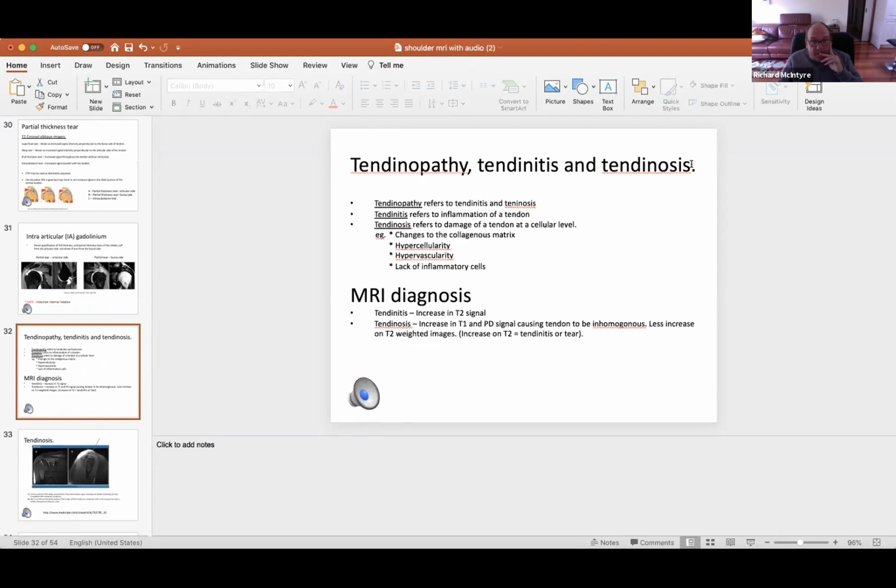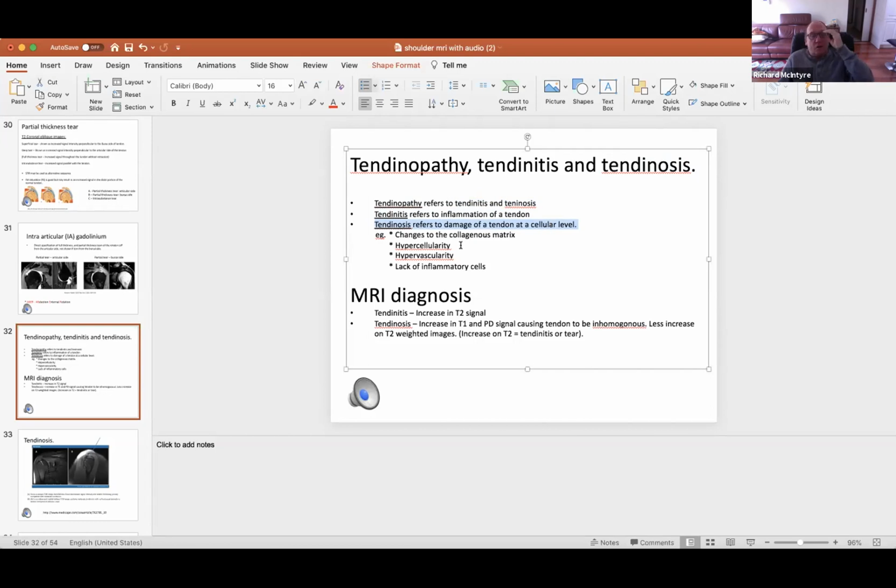I mentioned tendinosis. Tendinopathy refers to pathology within the shoulder joint. So that includes tendinitis, inflammation, and tendinosis of the shoulder joint. Tendinosis refers to damage of a tendon at a cellular level.